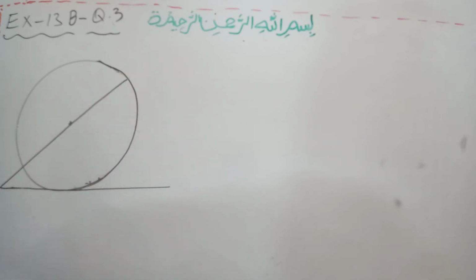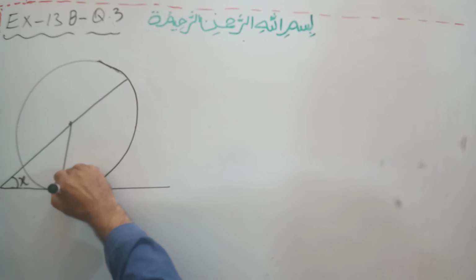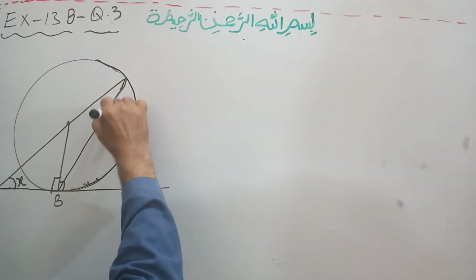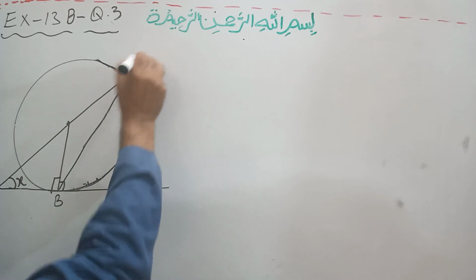AB is the tangent, and O is perpendicular to the tangent. This is angle X, and again a line is joining to the point C. This is the point C.